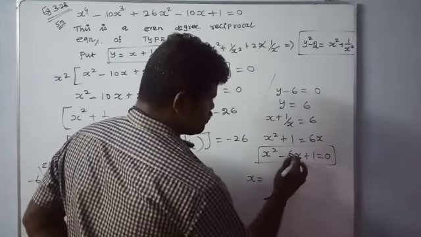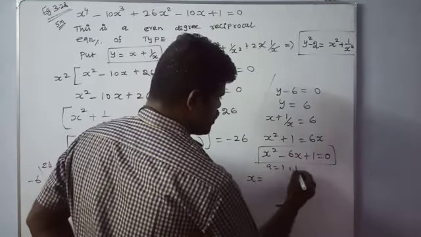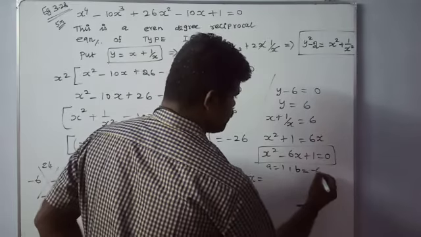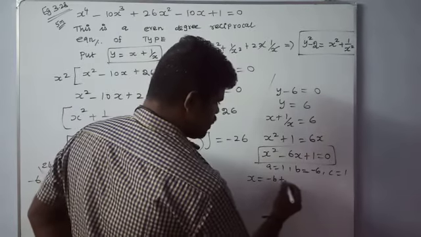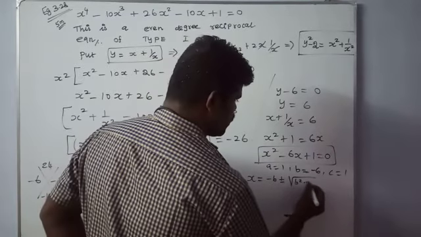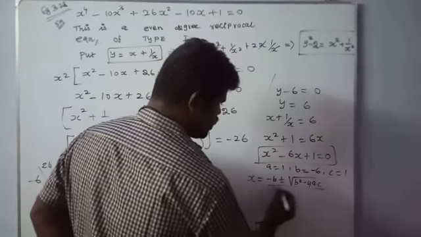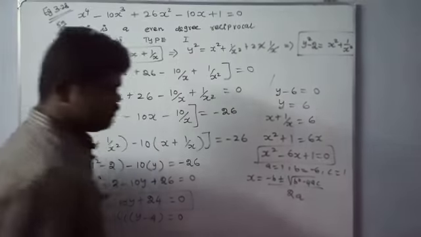Here what is the value? a equal to 1, b equal to minus 6, c equal to 1. The formula is minus b plus or minus root of b square minus 4ac divided by 2a.